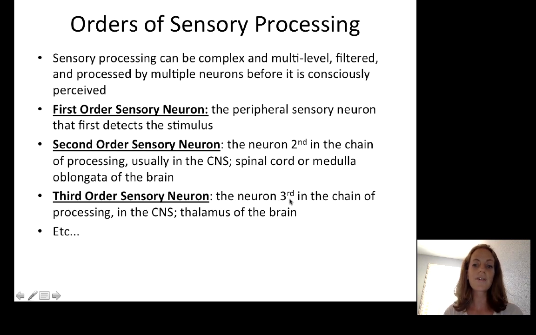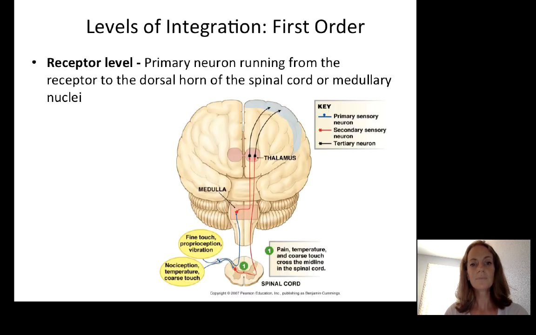Then the third in the chain of processing will also be in the central nervous system and will go through, say, the thalamus, and this will continue until we get up to the cortex of the brain, where we will have perception and conscious awareness of the sensory stimulus. The receptor level will be the first order.